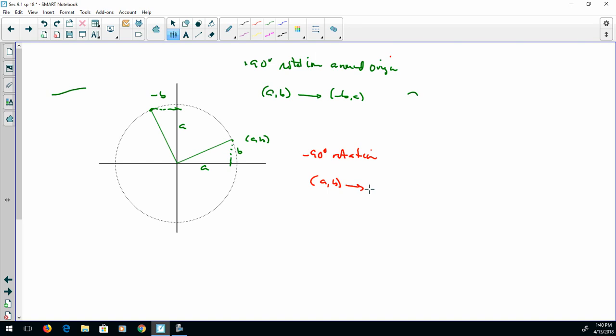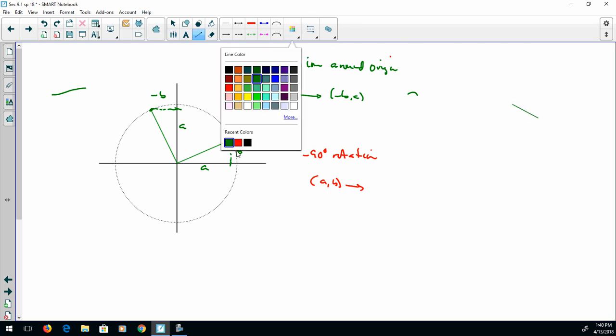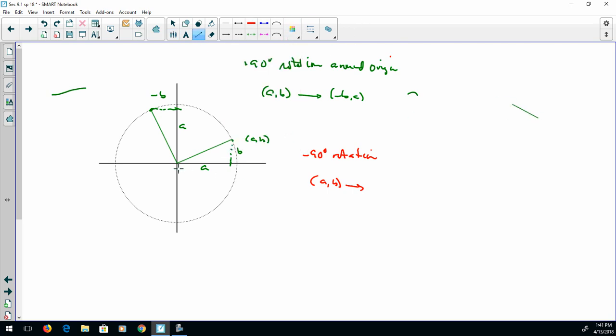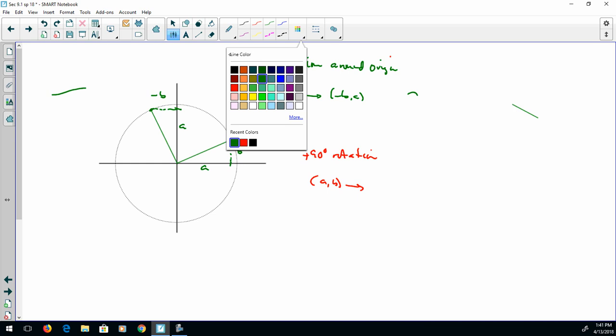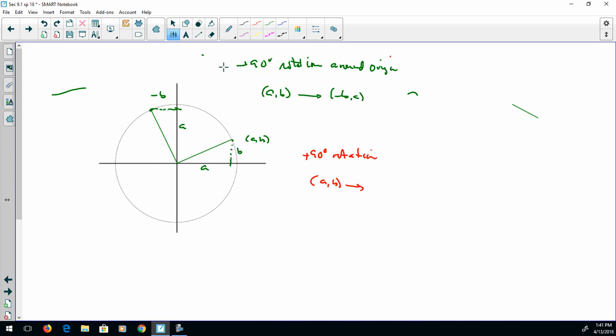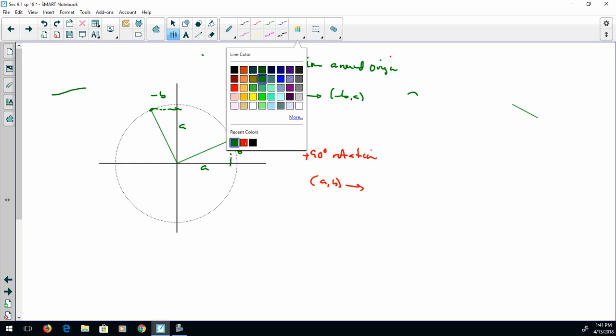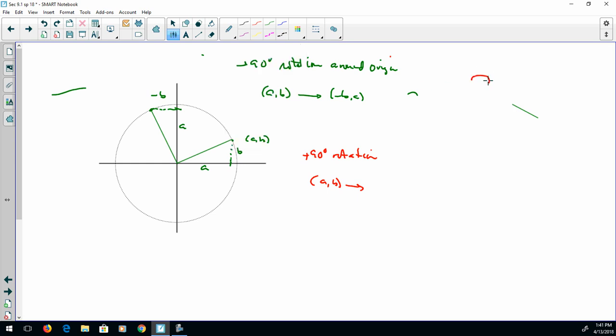What I just did up here was a positive 90-degree rotation, remember this way is positive. It's right the first time. Negative 90-degree rotation is clockwise.